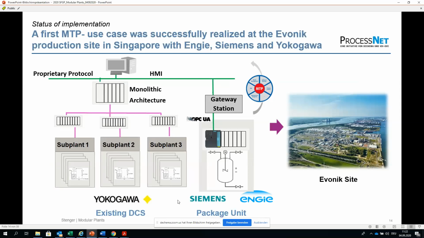It turned out that this could be real. So further Evonik package units will be implemented in that new way of modular data implementation into existing HMI systems.